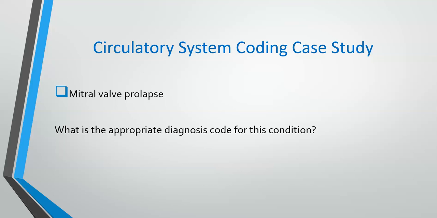It's right under my face. So mitral, and then valve. You see valve is in parentheses, so valve is considered a non-essential modifier. It can be present or absent within the documentation provided by the physician. So the correct code there is I34.1.